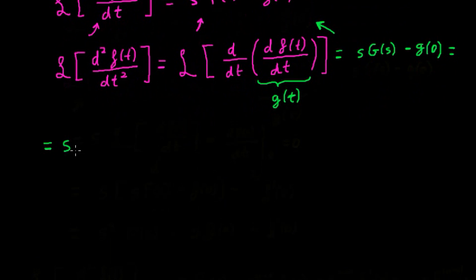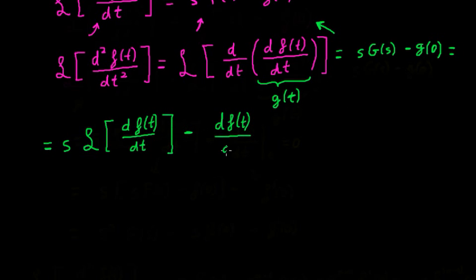Here we have s times the Laplace transform of g of t, which is the derivative of f of t with respect to time, and the minus g of 0 is equal to minus the derivative of f of t with respect to time evaluated at t equal to 0.